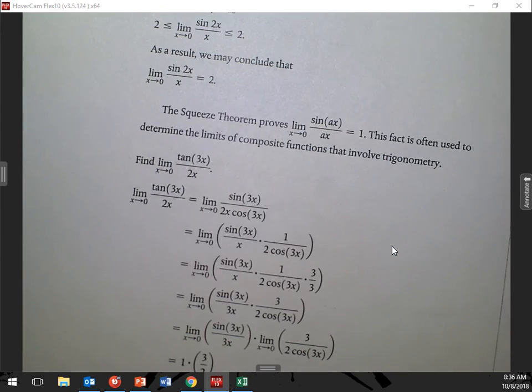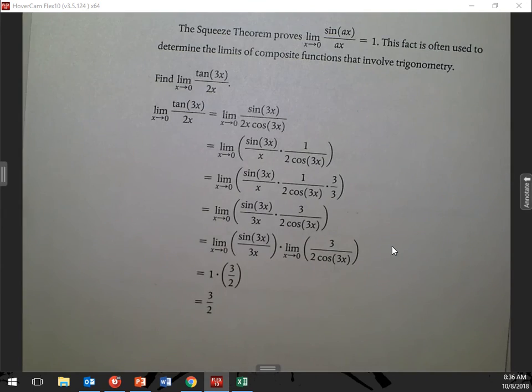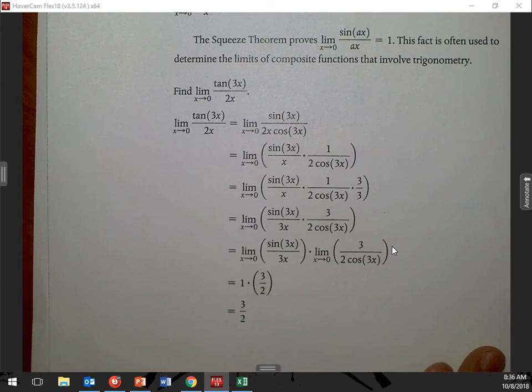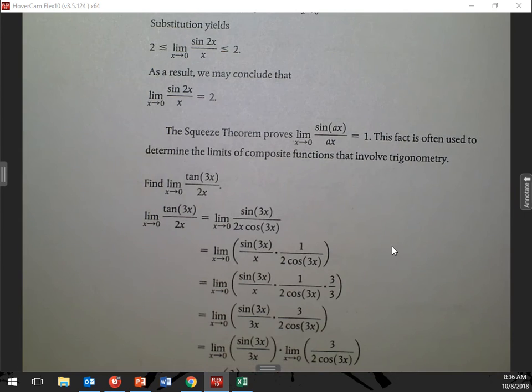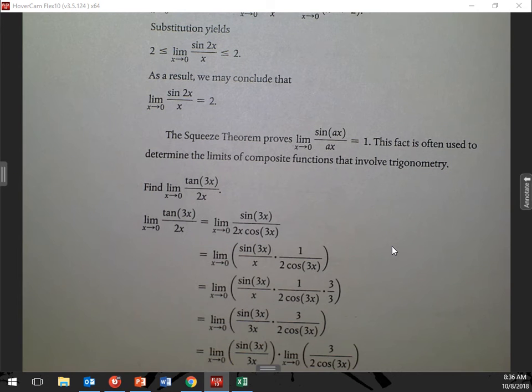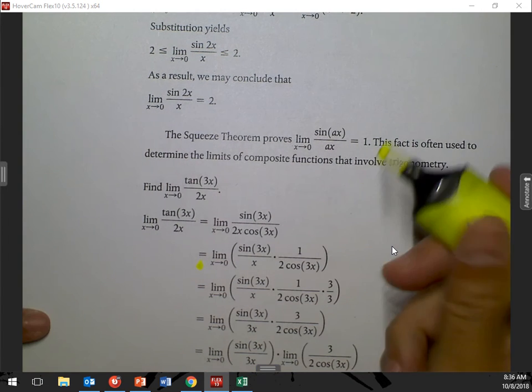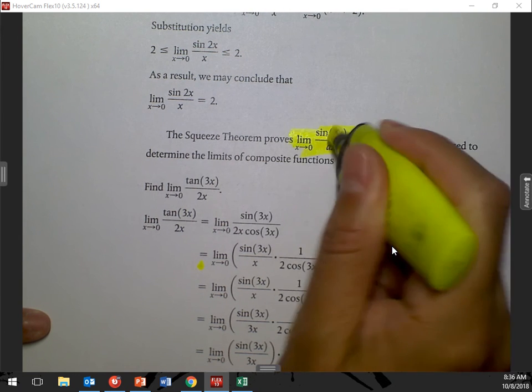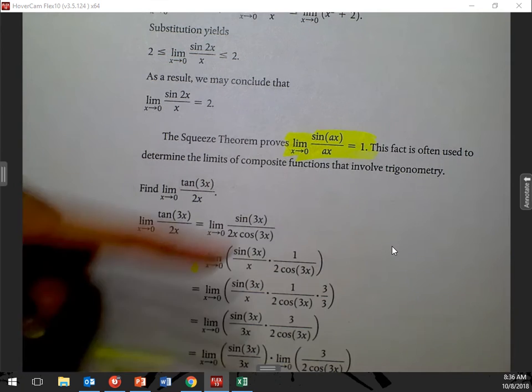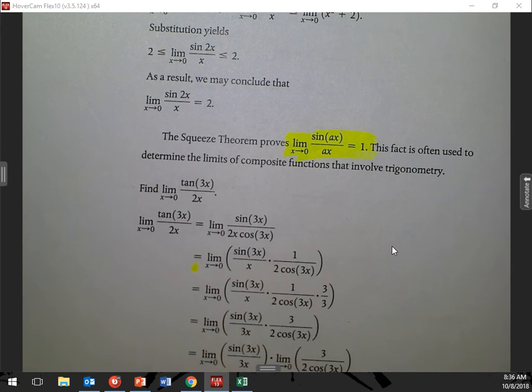Alright. So now, squeeze theorem, we know that sine of x, this is important here. Oh, dang it. I highlighted the wrong spot. This is so important. It is going to be used so often when you see it on the AP test.